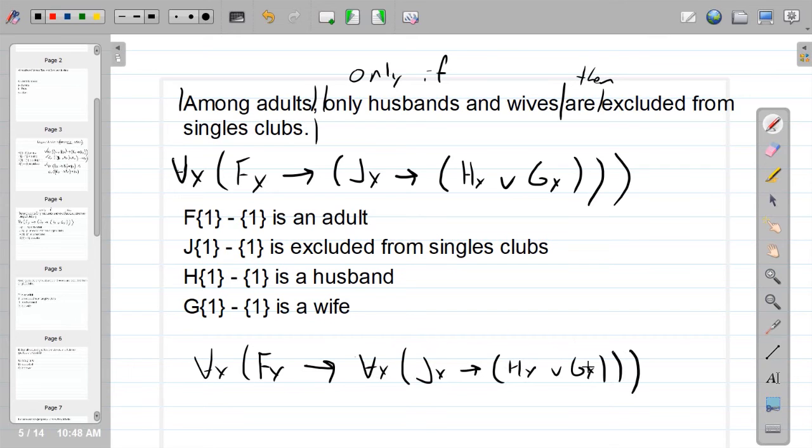You're allowed to write that; the sentence is a well-formed formula. There's nothing wrong with that sentence. However, these x's are no longer bound to this quantifier. So now we've got a whole new object. So for all things, if x is an adult, then for all things whatsoever, they're excluded from a singles club only if they are a husband or a wife.